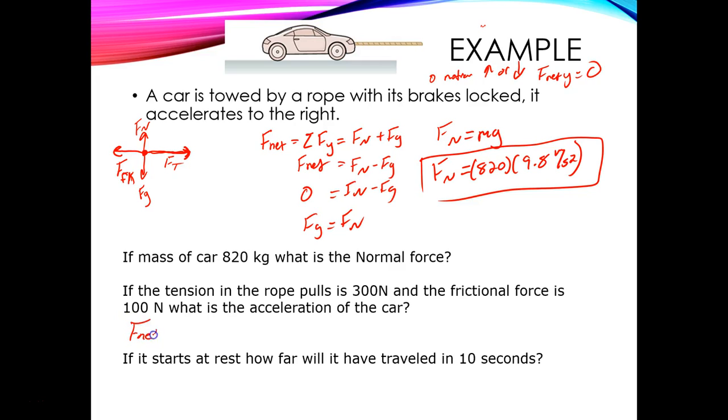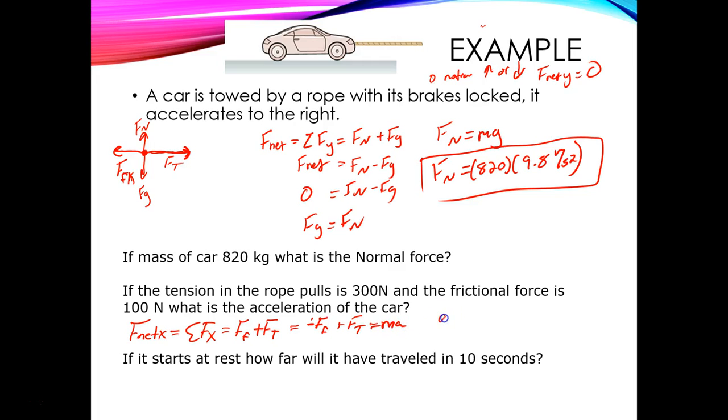So my F net x is going to be equal to the sum of those forces in the x direction, which is going to be equal to the frictional force, which is negative because it's to the left, plus our force of tension. And because we're accelerating, that all has to be equal to mass times acceleration.